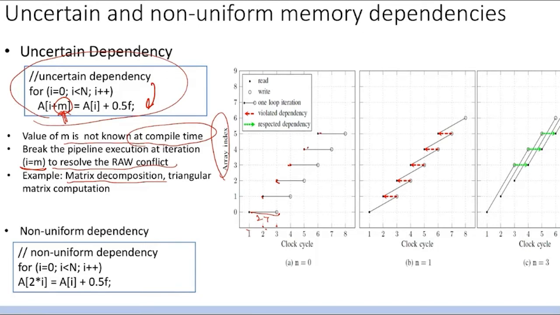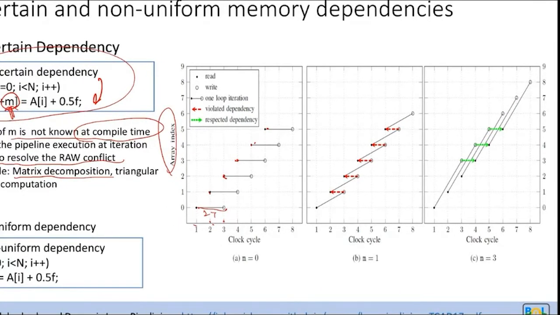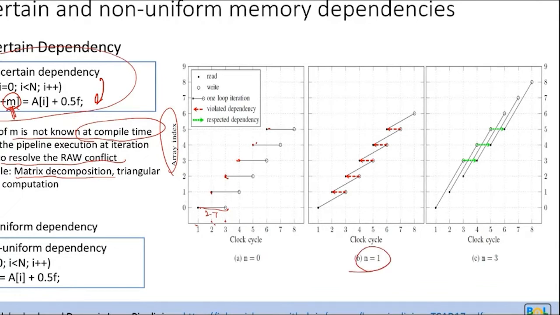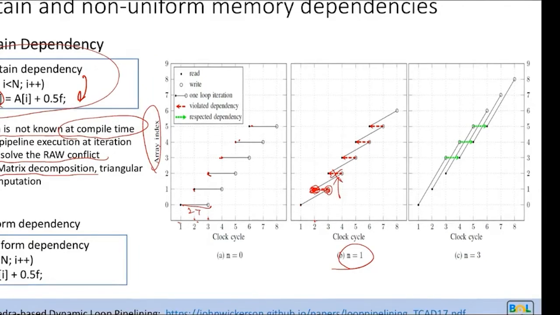If m equals 1, let's see what happens. This takes 2 cycles, and if you want II equals 1, then the next cycle you advance the index. However, the data is produced at cycle 3, and the next iteration needs the value. So there is a conflict, a data contention. A data hazard happens.